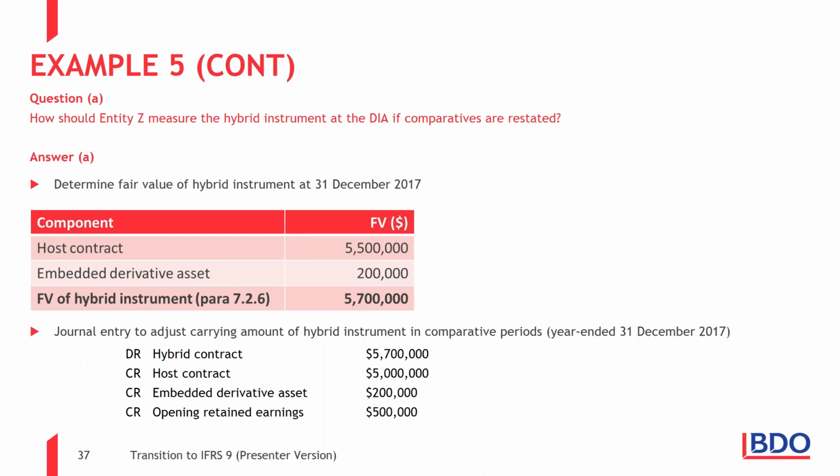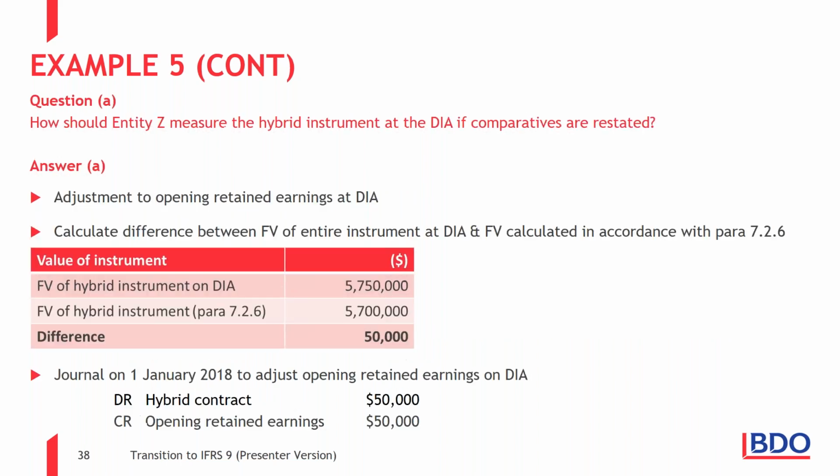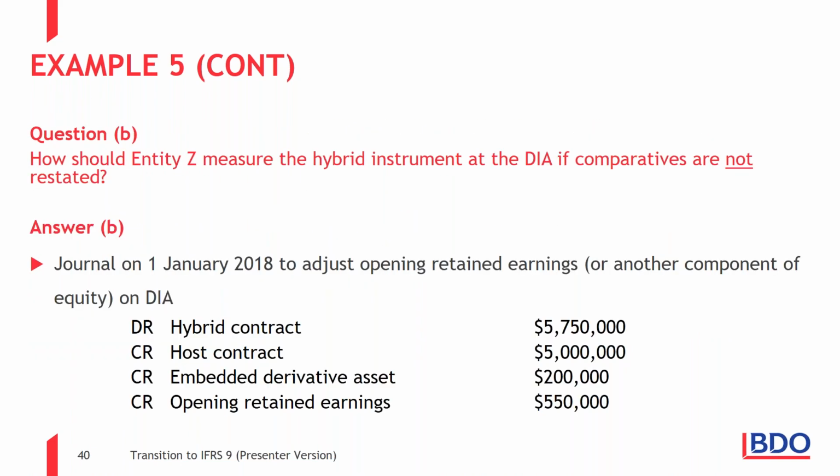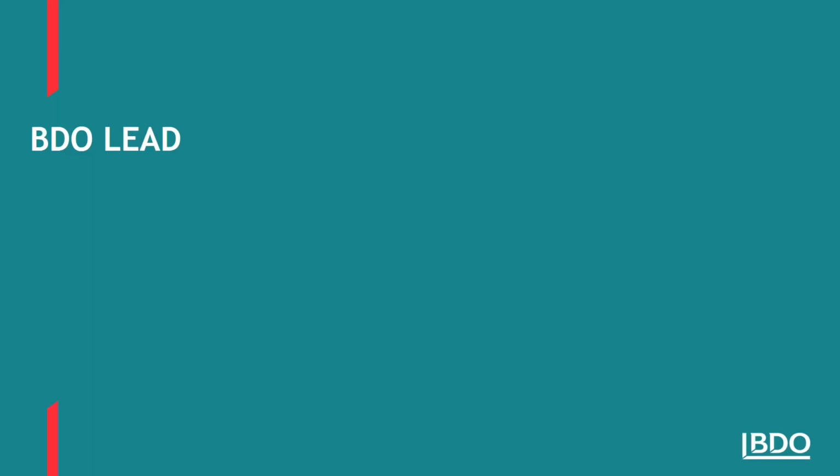But in A, we've done it separately to make it quite clear how we'll disclose it in the financial statements. So please don't get the actual journal entry versus the disclosure in the financial statements mixed up. So that is our transitional requirements.